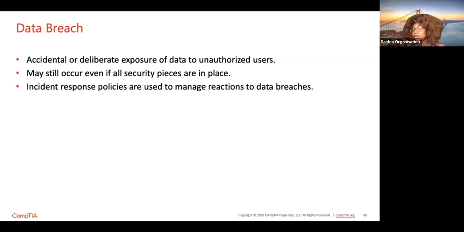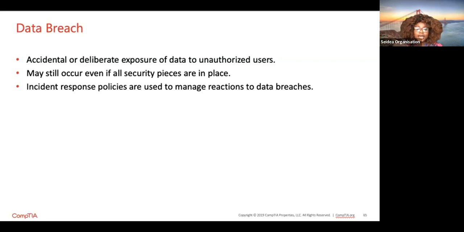Because it's so sophisticated, the organization is not protected against that. So, no organization can be 100% secure. But what they can do is implement practices to make sure that they're at least 80-90% secure.